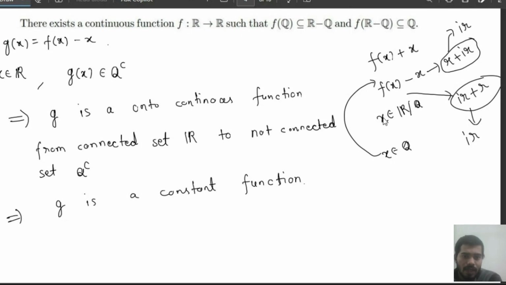Another possible way that you can do is to apply the intermediate value property, because if g(x) takes two irrational numbers r1 and r2, then there will be some rational number between them which will be taken by them. So it is not possible because its range is irrational.